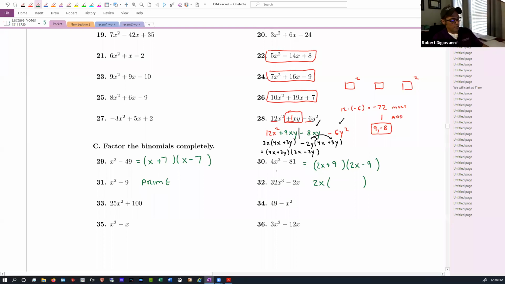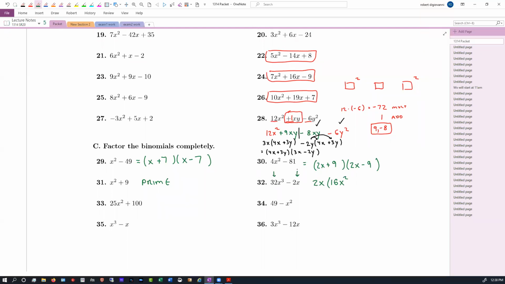If I pull out a 2x, what would I be left with? So if I pull 2 out of 32, I have a 16 left. I still have an x squared left because I pulled one of the 3 x's out. What's still left for this piece? What would I have to multiply 2x by to get negative 2x? Negative 1.